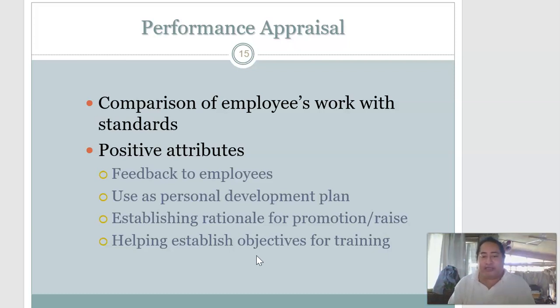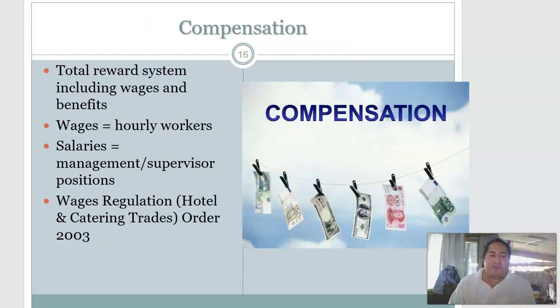It establishes rationale for promotion and raise. So when you apply for a promotion or raise, you'd have to go through a performance appraisal. That's the norm, right? To see how well you've done, what you've brought new to the table, etc. And it helps establish objectives for training. If they find out that you're incompetent in Fidelio or Room Master, you'll have to go for that particular training.